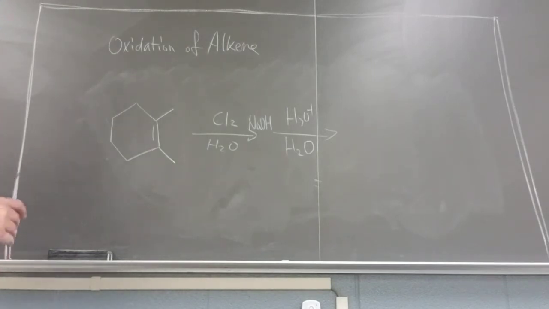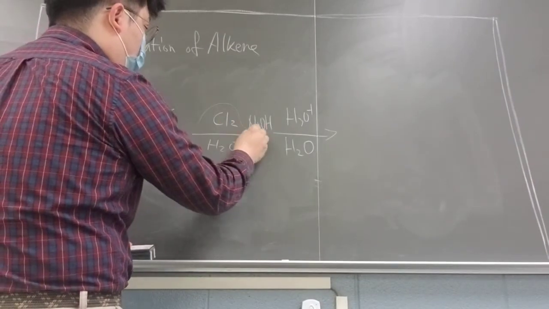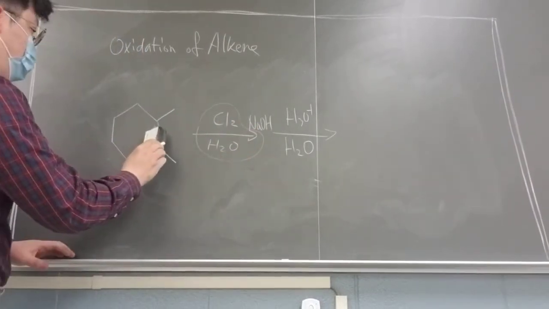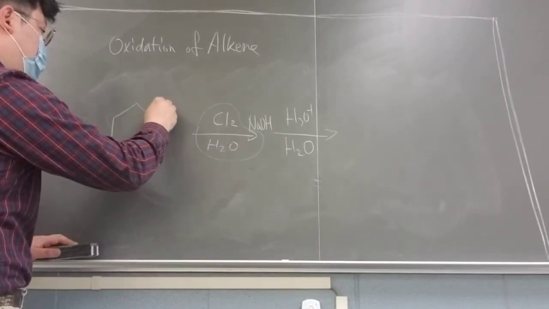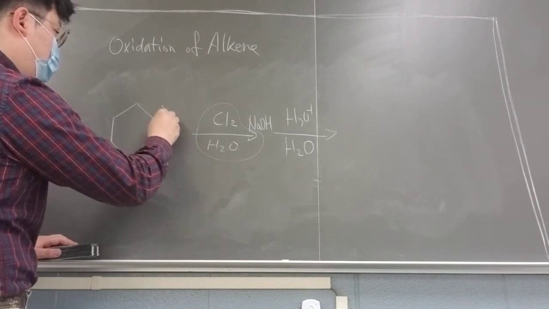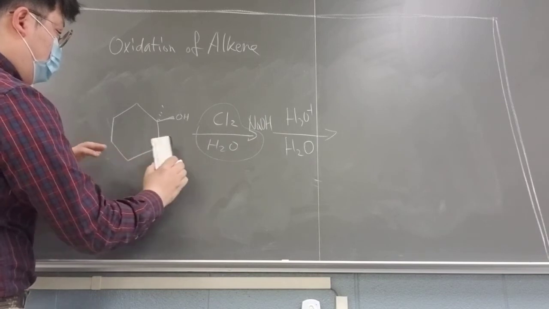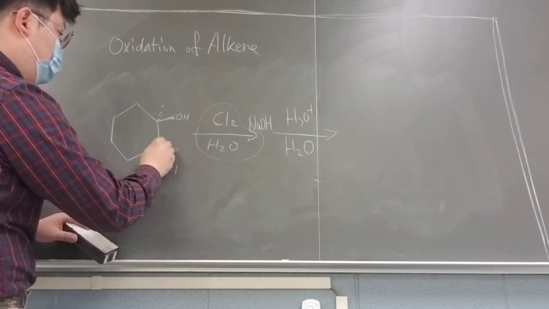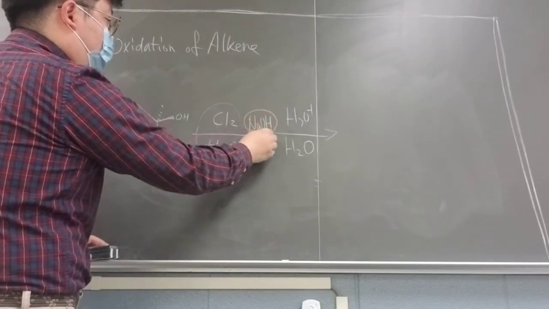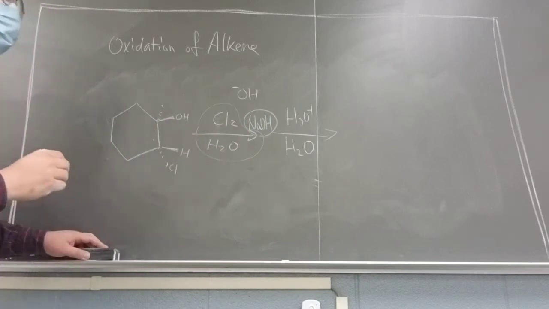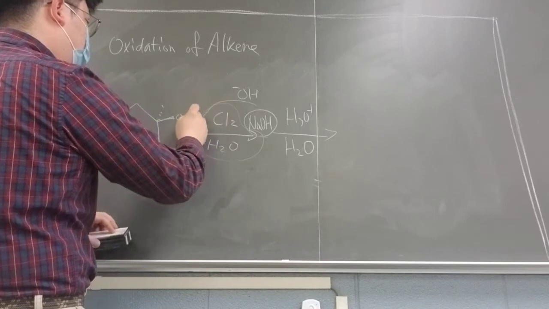Okay, so it's pretty much the same. So if you do this one, you're gonna have halohydrin formation. And then you're going to have a lot of the hydroxide anion from the base. This will pick up the hydrogen here.